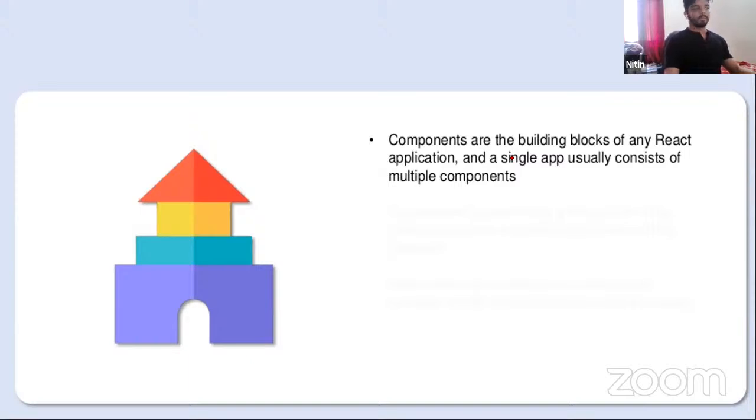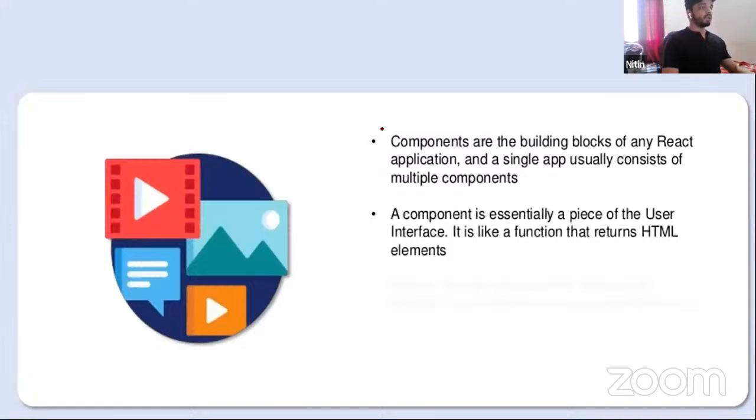A single React app will have thousands and thousands of components. A big app like Instagram or Facebook or Airbnb could have hundreds and thousands of components. It's very essential, because a component is whatever you want to display on the UI.